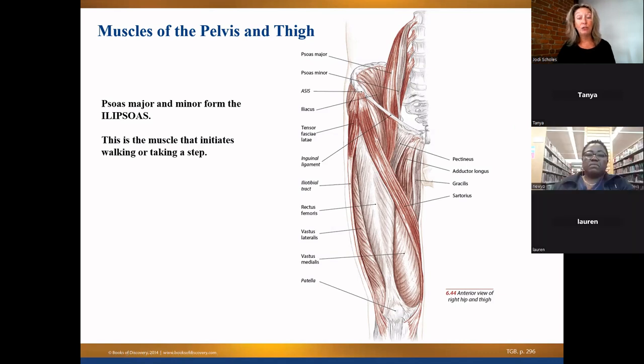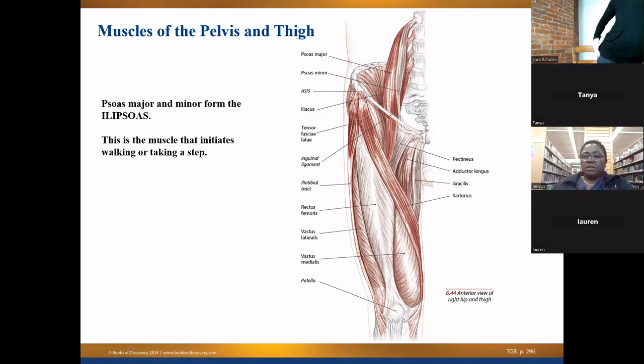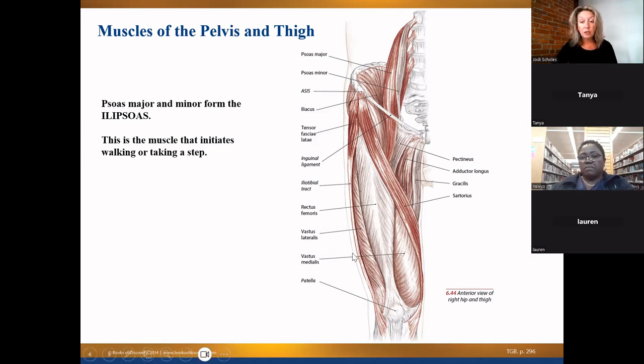The iliotibial tract is where your IT band lives, and that's on the outside. It goes from about the hip bone down and inserts on the lateral aspect of the knee. Good.